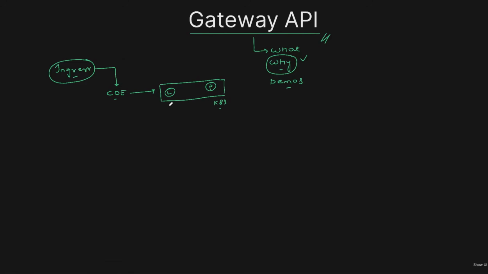For Kubernetes, east-west traffic was never a problem. I mean, service to service communication within a Kubernetes cluster was never a problem because Kubernetes has an in-cluster network. But the major challenge for Kubernetes was the north-south traffic.